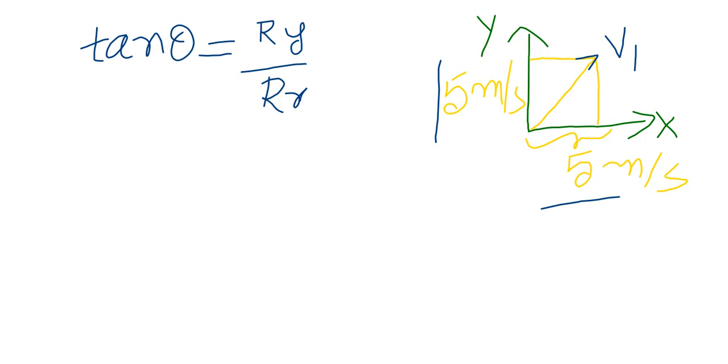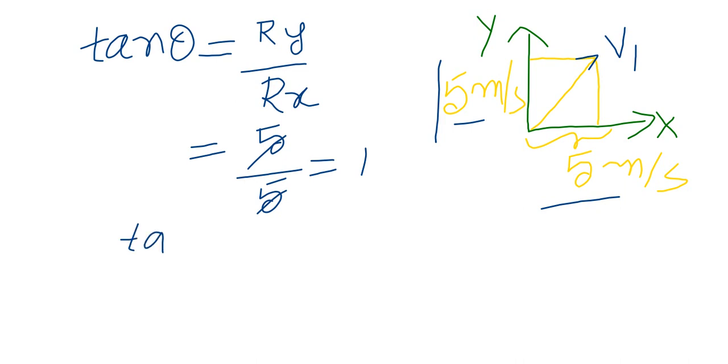So tan theta is 1 by root 3, which is tan 30. So the first ball makes an angle of 30 degrees.